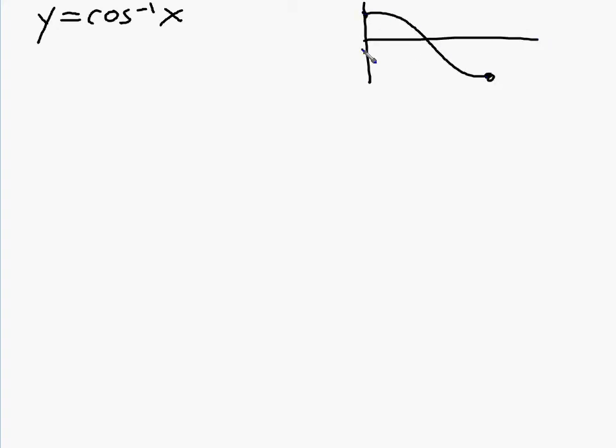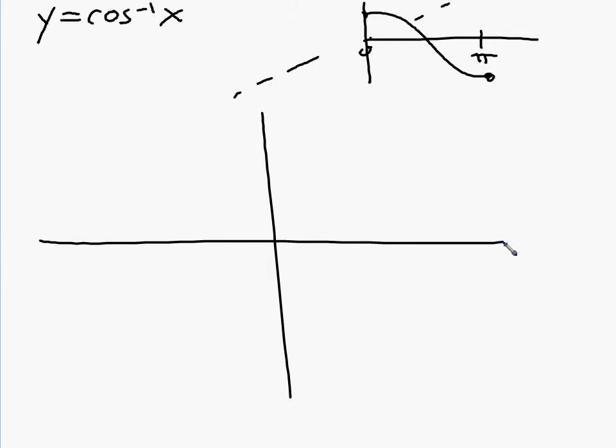Now let's look at the inverse graph of cosine. Now I'm not going to go through everything I just went through with cosine. I'll just remind you that yesterday for cosine we cut it off from 0 to pi. So after I flip it, remember all of our coordinates are flipped and it's reflected across the line y equals x. The graph of cosine is now going to look like this. This point right here will be 1, 0.